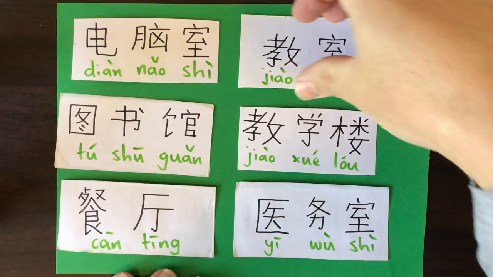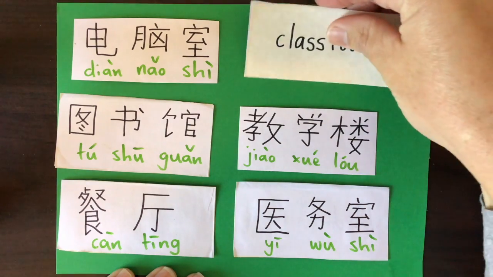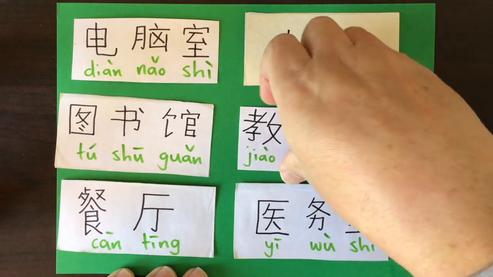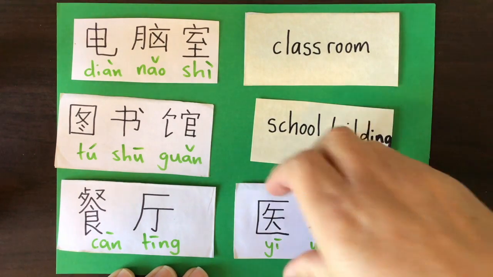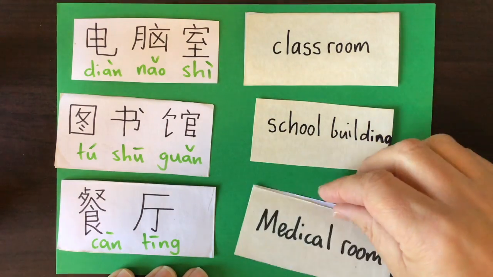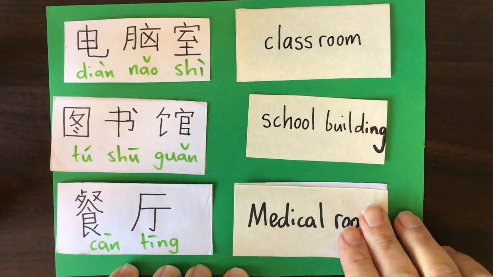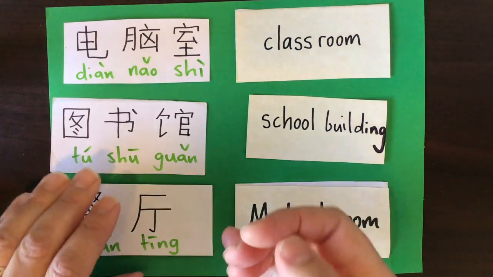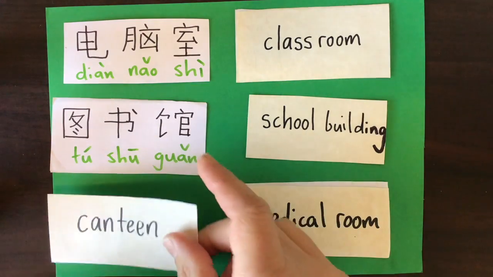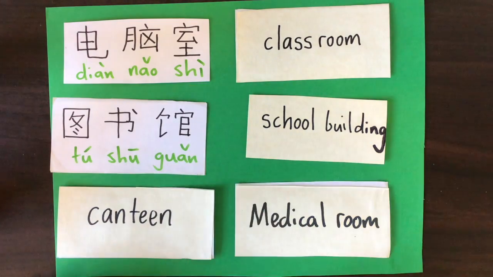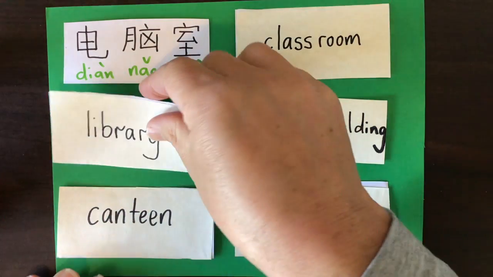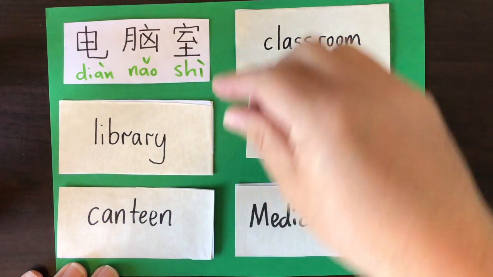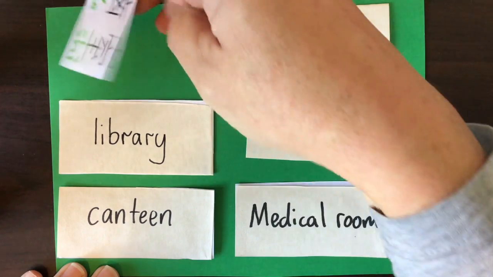Let's have a look at those. 教室 is classroom. 教学楼 is school building. 医务室 is the medical room. 餐厅 canteen, or also translated as restaurant. 图书馆 is the library. And 电脑室 is the computer room.